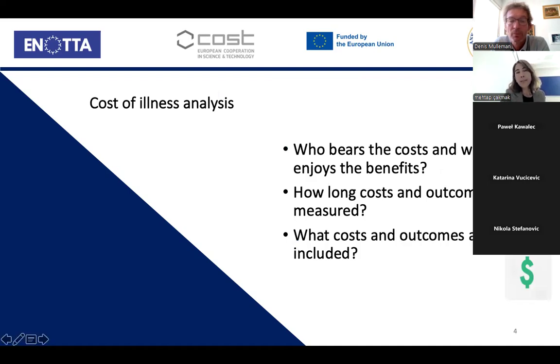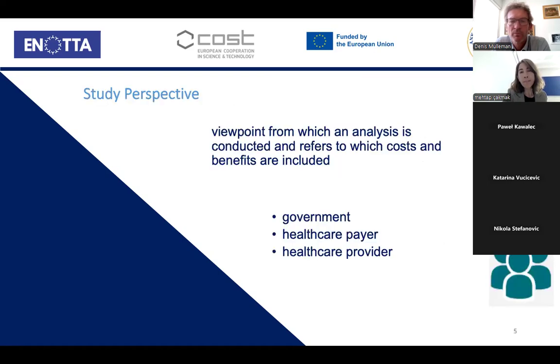Cost of illness analysis is related to who bears the costs and who enjoys the benefits. So how long are costs and outcomes measured, and what costs and outcomes are included? These are the main questions when we are focusing on cost of illness analysis. As I said earlier, study perspective is really important, a good starting point is determining the study perspective in a really detailed way.